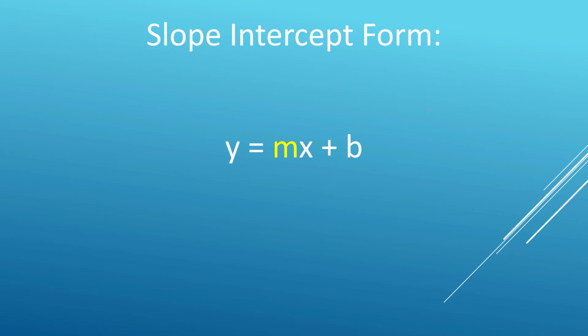Slope-intercept form. Now, I have been hinting for the past couple weeks that we are going to deviate away from your constant of proportion equation, y equals kx, and we're going to start to modify it. Here's what we're modifying. First of all, we're replacing m. So m is now your slope instead of k being your slope. They are still relating to constant rate of change, but when we have k, we're talking about an equation with direct variation.